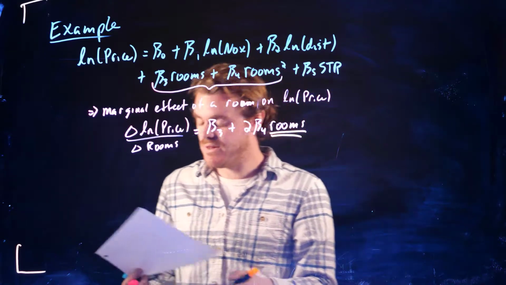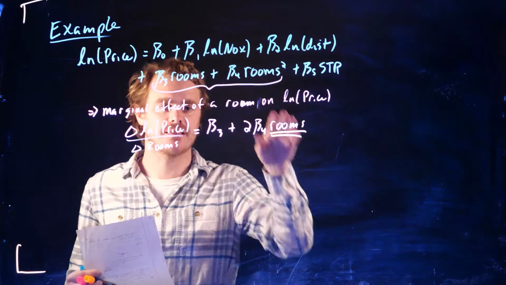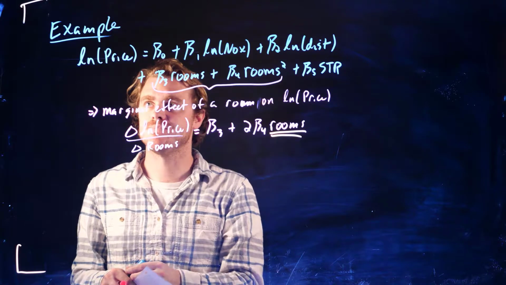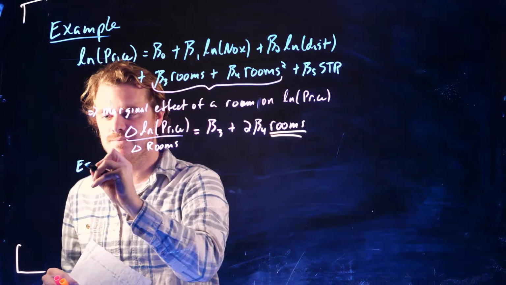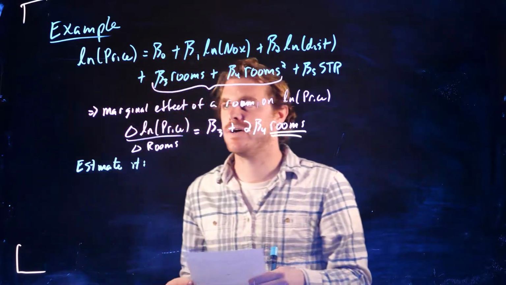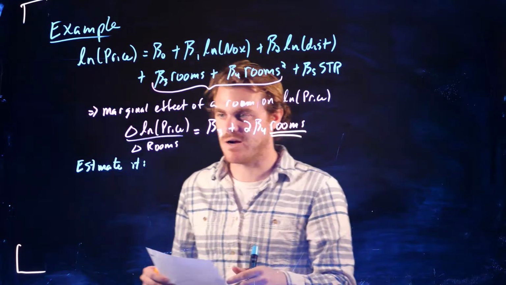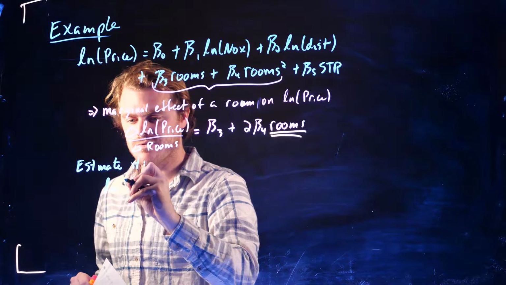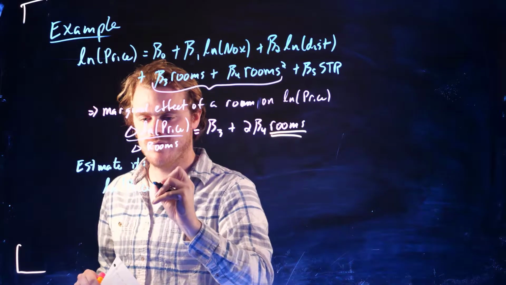Okay, so now let's say we estimate the model. So this is like the theoretical marginal effects. So let's say we estimate it. I'm not going to write out all the standard errors and everything like that, but let's at least write out the coefficients.